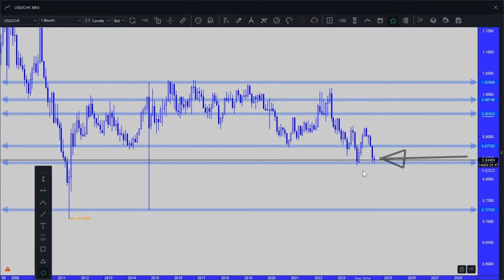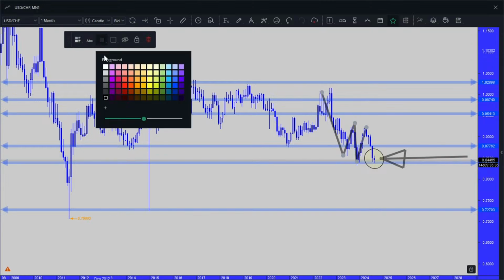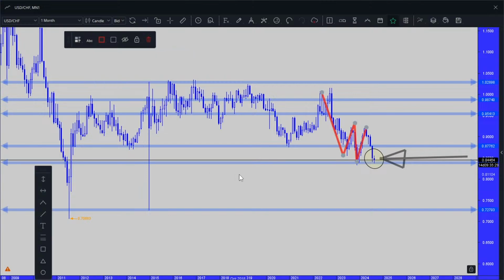How many of you would buy USD CHF right now, and how many of you would sell because it's making lower lows, lower highs? Everybody, let's have some fun. Type in the chat how many of you would buy USD CHF right now, or how many of you would sell USD CHF right now?